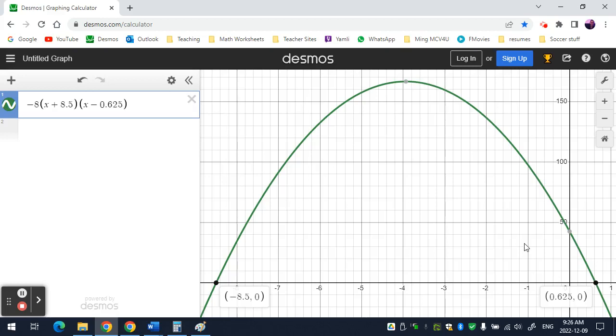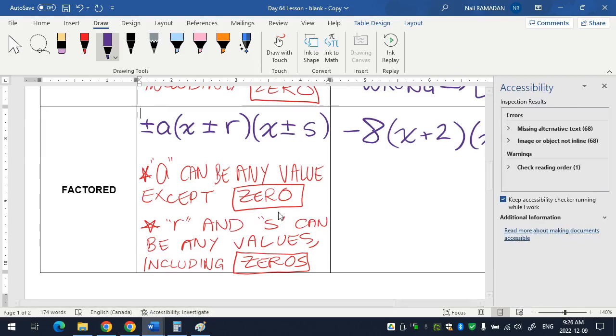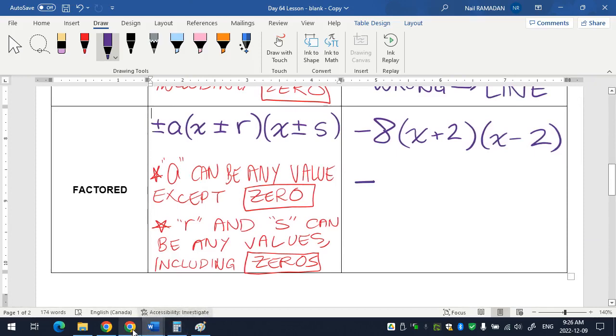Oh, okay. So we said minus, what was it? Sorry, what was it? -8(x + 8.5)(x - what was the original fraction you used? 5/8. Sure. Yeah.